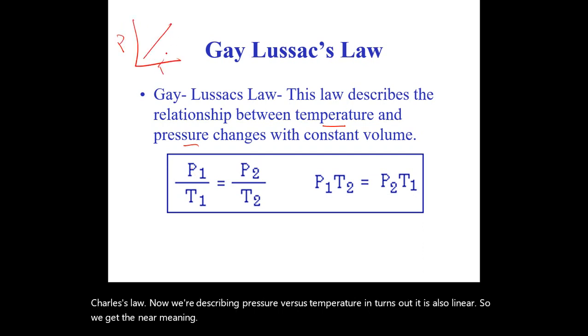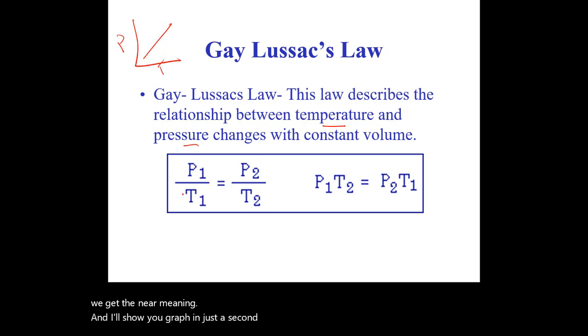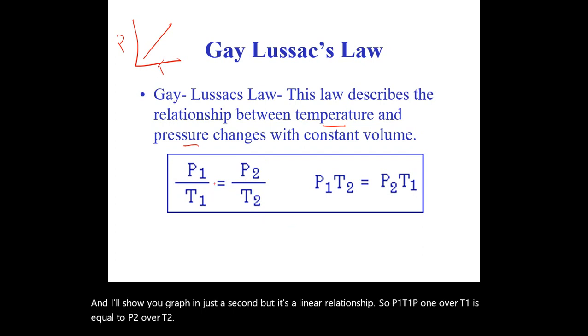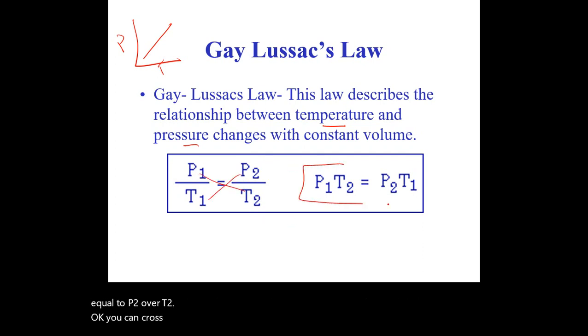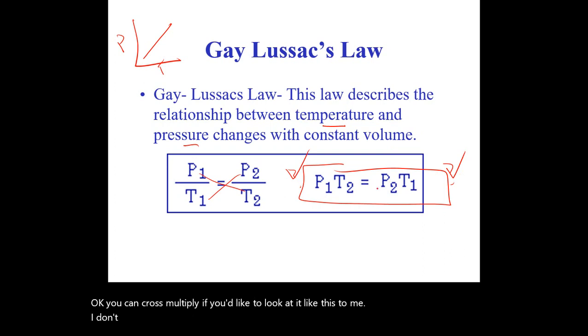I'll show you a graph in just a second, but it's a linear relationship. So P1 over T1 is equal to P2 over T2. You can cross multiply if you like. I understand what it's doing here, but this is just fine, so just use this one. This is perhaps a little more difficult to remember.